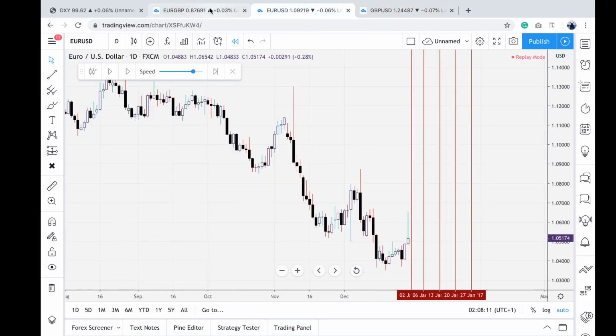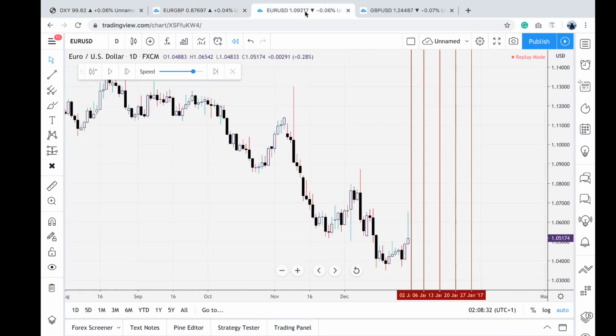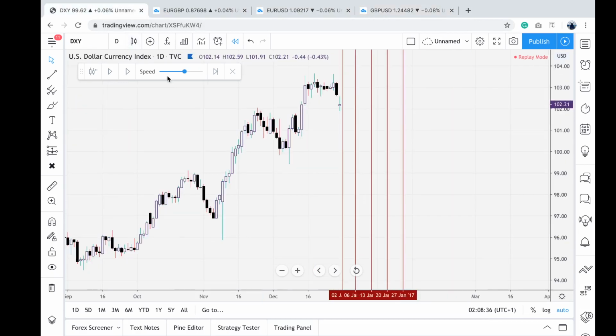The Euro Pound is what you want to reference for euro or pound strength. For the entire month of January in this section, I'm going to cover these four pairs: DXY, Euro Pound, Euro Dollar, and Pound Dollar.